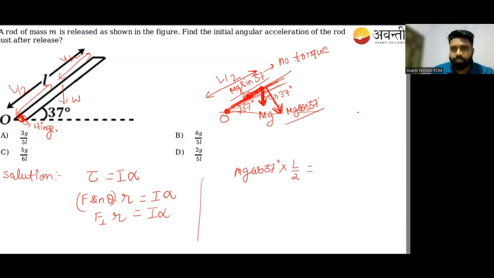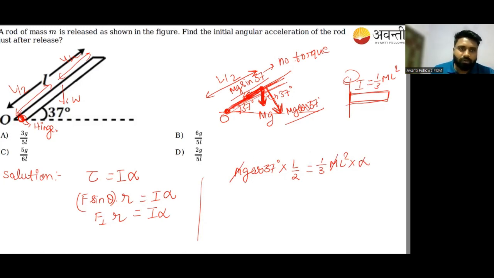Now, when the rod rotates about its end point, the moment of inertia of this system will be 1 by 3 capital M L square. So 1 by 3 capital M L square into alpha. This M and M get cancelled out.